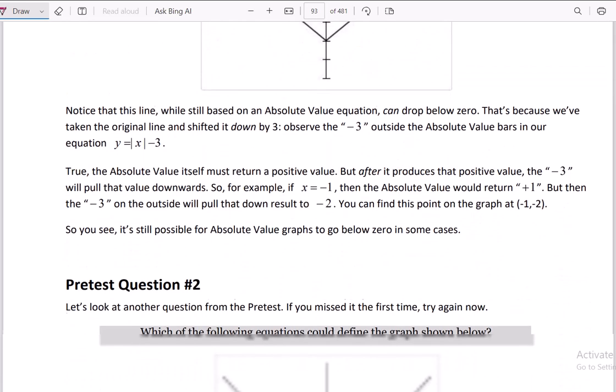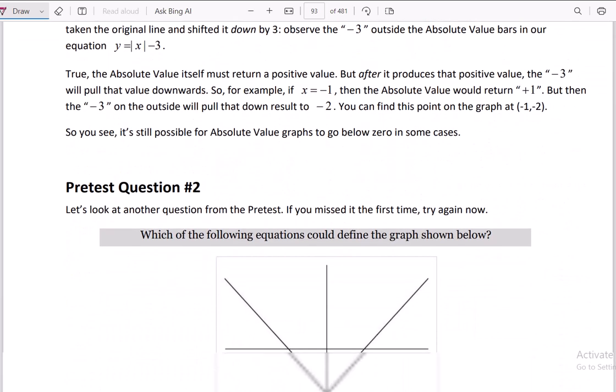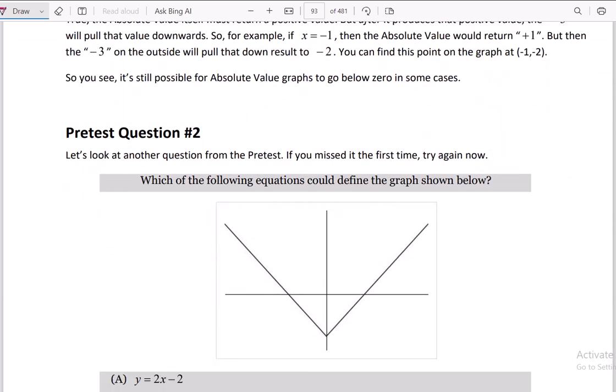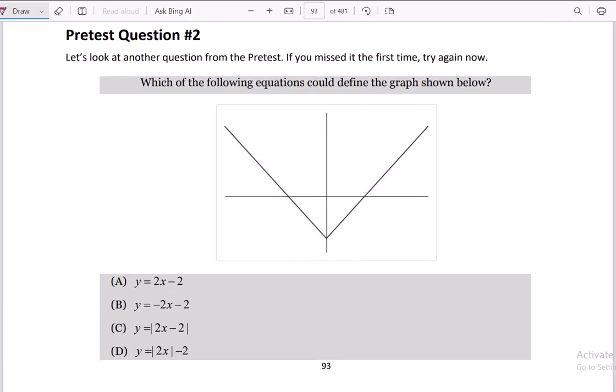So let's continue. Okay, we have another example here. Question 2: which of the following equations could define the graph shown below? Before you even try solving this, just eliminate some options. This is more like a linear graph, so we're taking it off. And this is also more like a linear graph, we're taking it off.